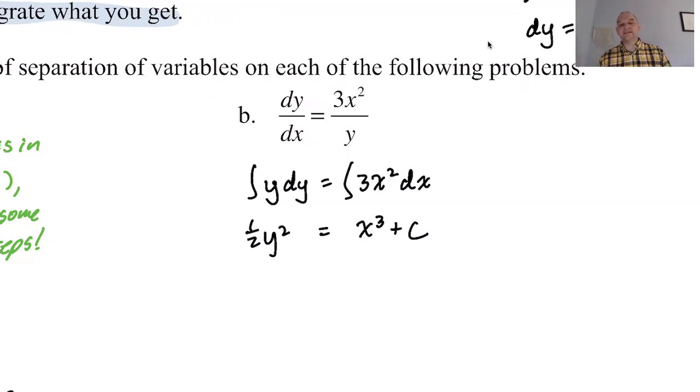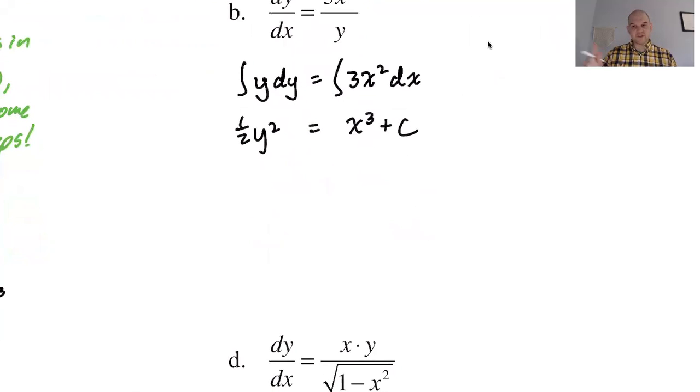Is this a function? It's not. This is still an implicit relationship, so we have to explicitly solve for y. I'm going to multiply through by 2, so y squared is equal to 2x cubed, plus 2 times c, 2 times some number that I don't know is just another number that I don't know.